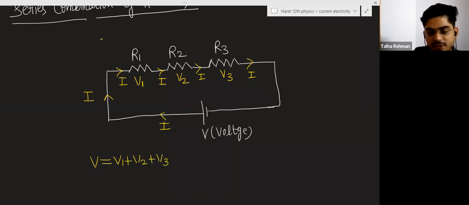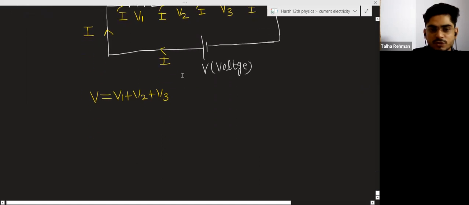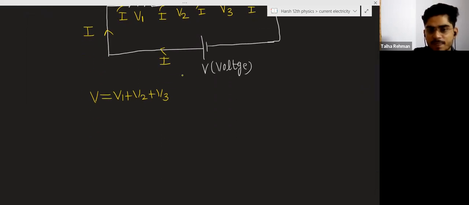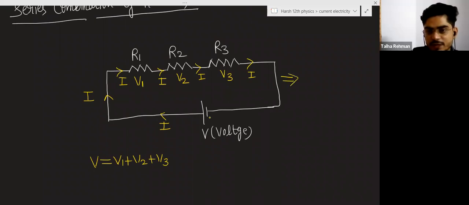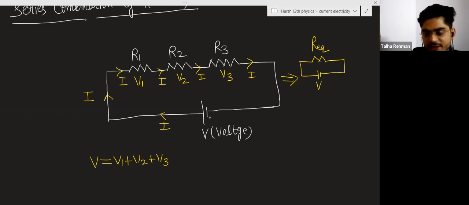This voltage is divided across R1, R2 and R3. Now I am doing one thing: instead of these three resistances, I am taking one equivalent resistance and connecting it with the same battery V.